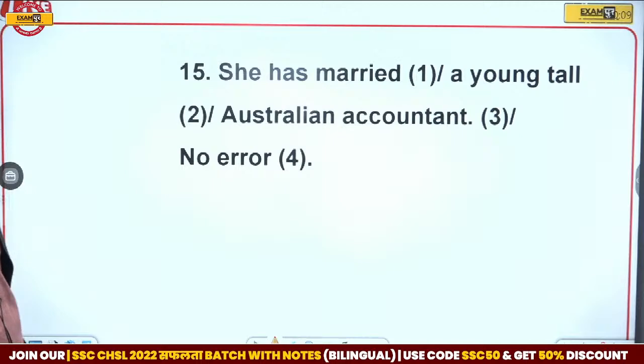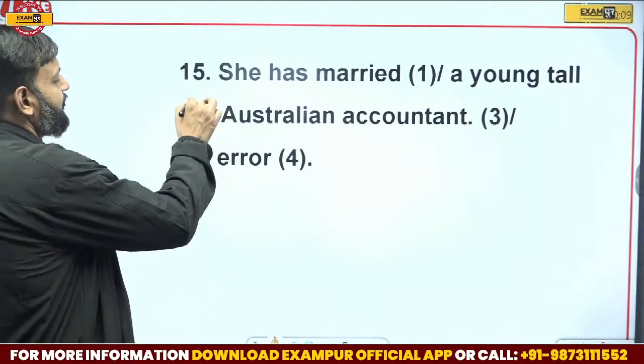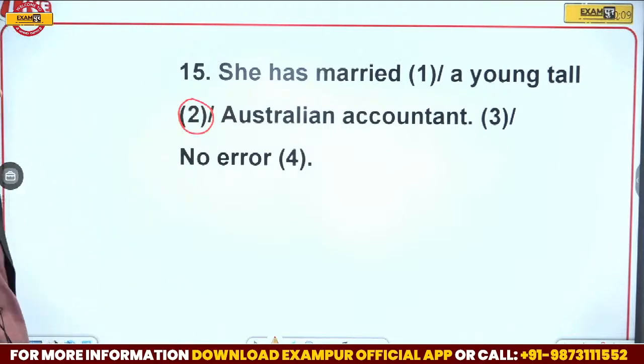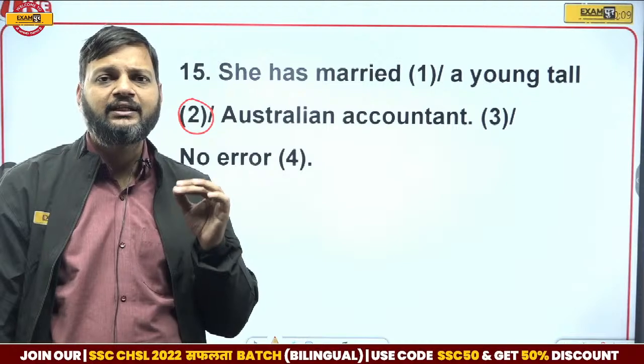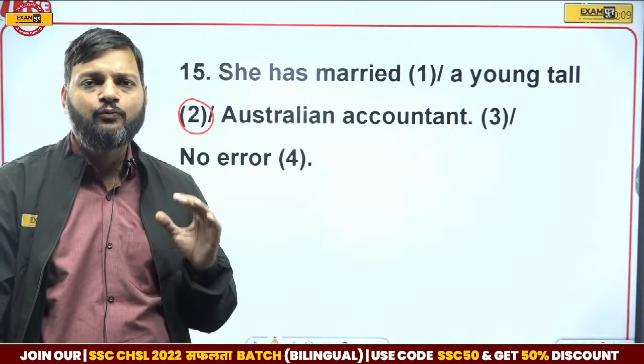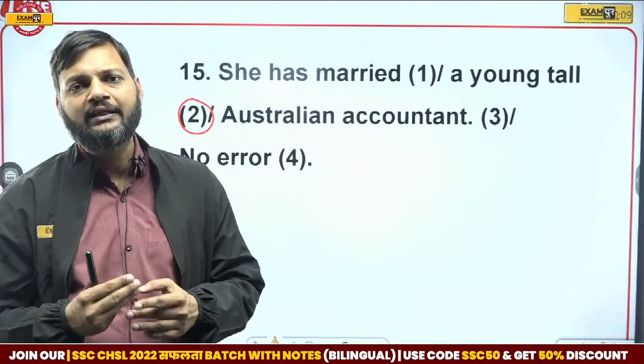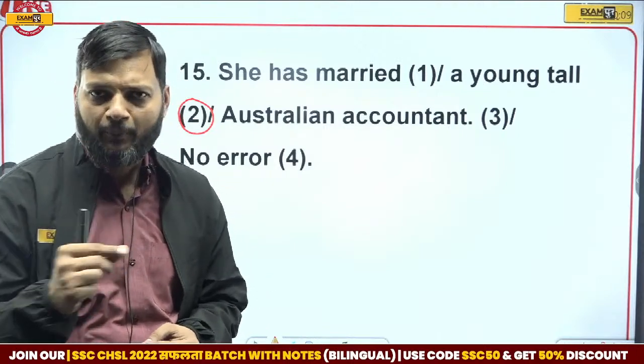See, in this sentence, there is error in the second part. Okay. And what is that error? If you have studied adjective, you must know that different adjectives of qualities should be in a proper sequence.